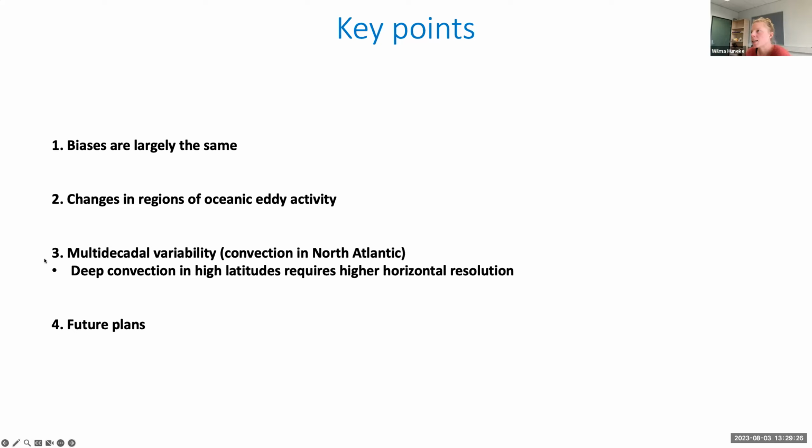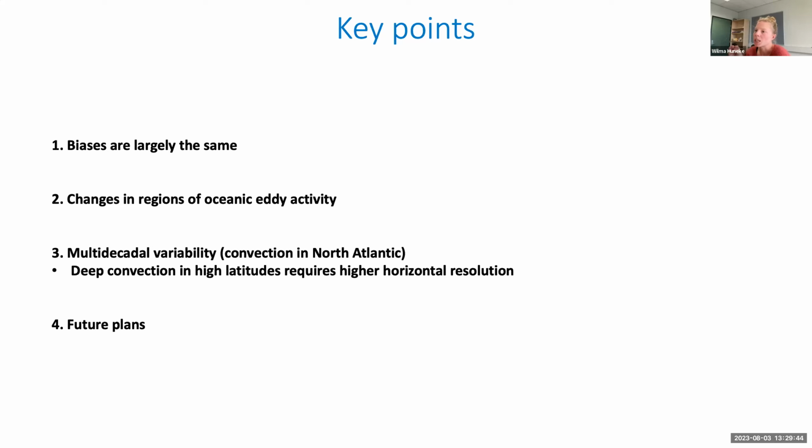Then in this quarter degree ocean version, that develops this multi-decadal variability, which is driven by occasional deep convection in the North Atlantic and the Labrador Sea. So I'll show you a bit about that.